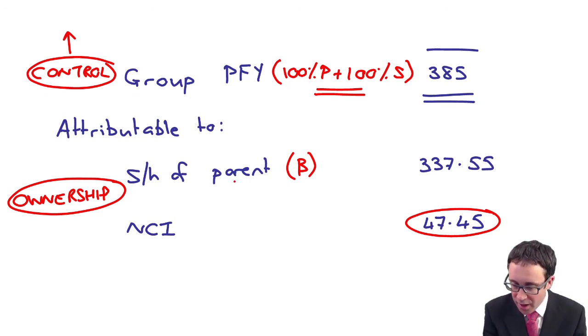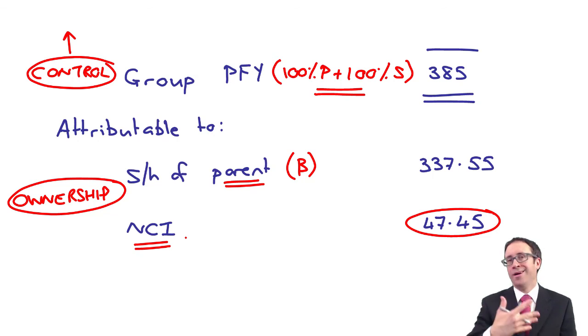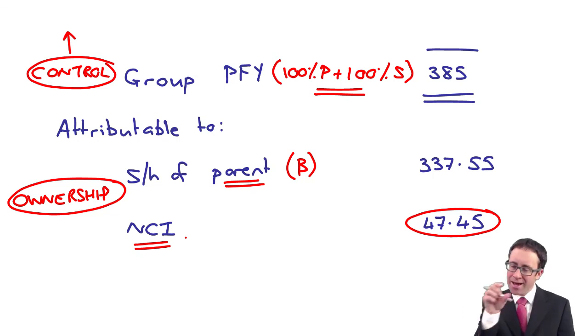Of that 385, what does the parent own? And what does the non-controlling interest own? Okay, there we go. So nice, relatively simple calculation. You need to switch on because there'll be a lot of information surrounding that basic information to do with the group within a bigger question. But if you can pick out the parts of the question that are relevant and understand how to do the calculations, you're well on the way to being able to pass this exam.